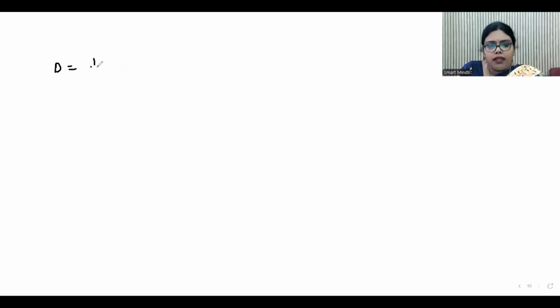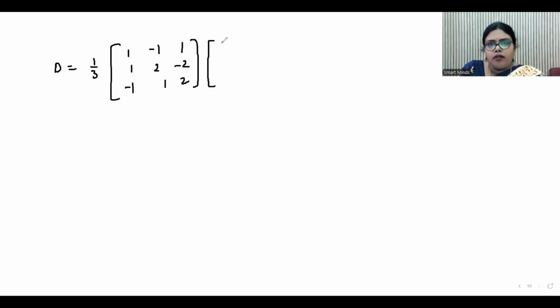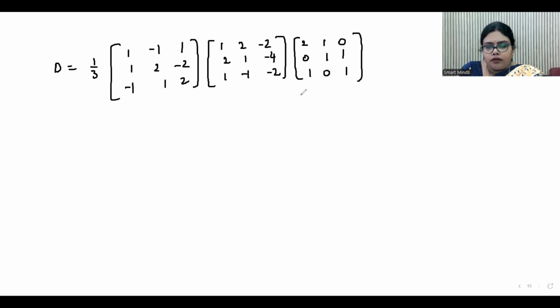So this is 1 by 3 into what is the P inverse matrix? 1 minus 1, 1, 1, 2 minus 2, minus 1, 1, 2 into what is the A matrix? 1, 2 minus 2, 2, 1 minus 4, 1 minus 1 minus 2. And what is the P matrix? 2, 1, 0, 0, 1, 1, 1, 0, 1. Okay, now first I am not disturbing the first matrix. I am writing it as it is.